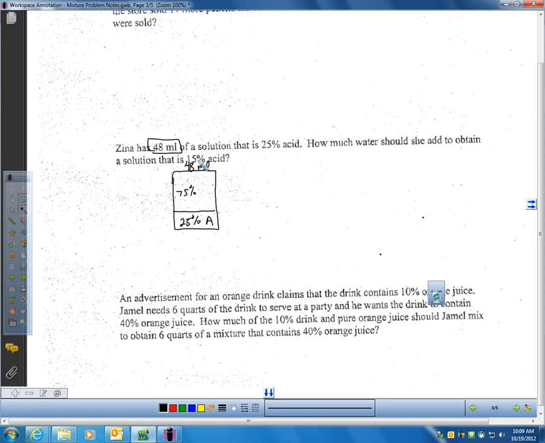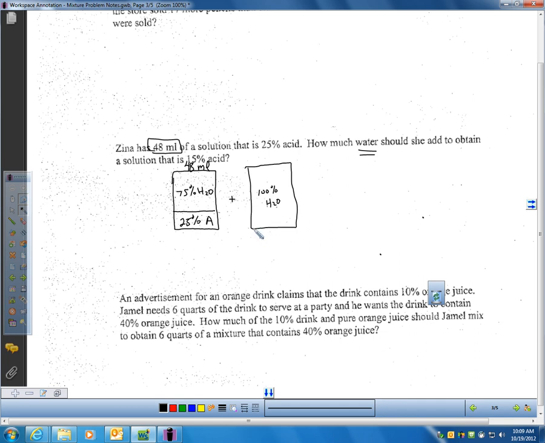We're going to take this 48 milliliters, and we're going to get another glass, and we're going to add, it says here, water. So this is all water in here. It looks like we're mixing acid and water, so that tells me that this must have been water too. So I have 75% water in my first container, 25% acid. The second container has 100% water.